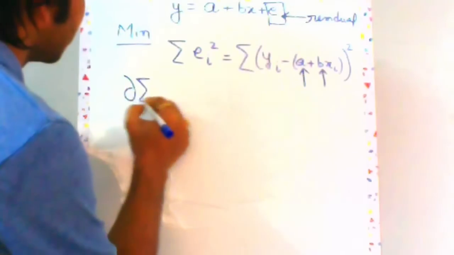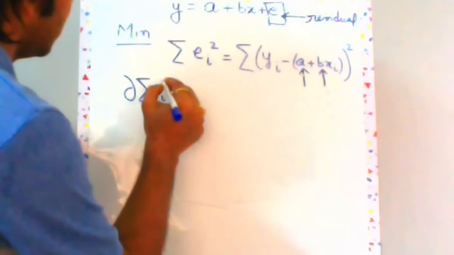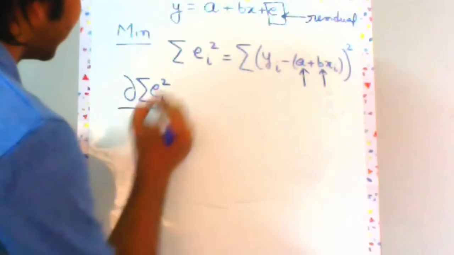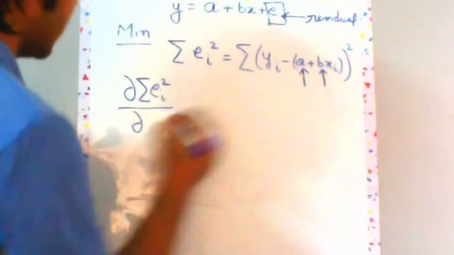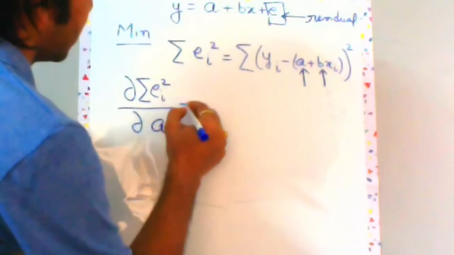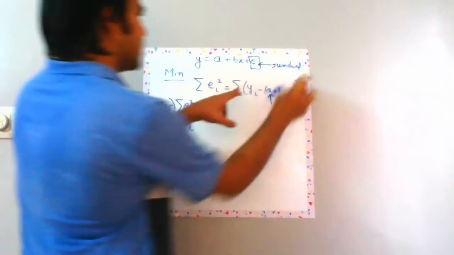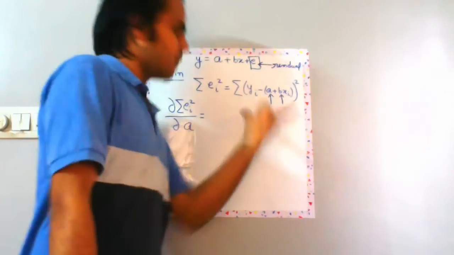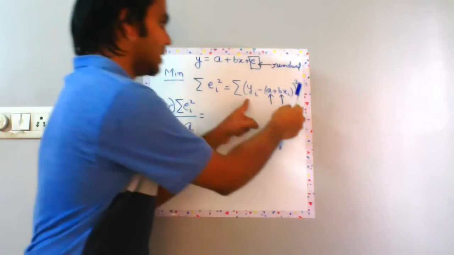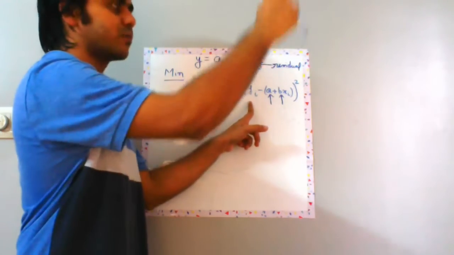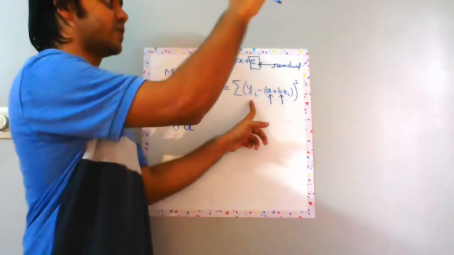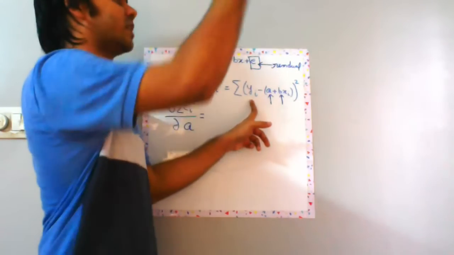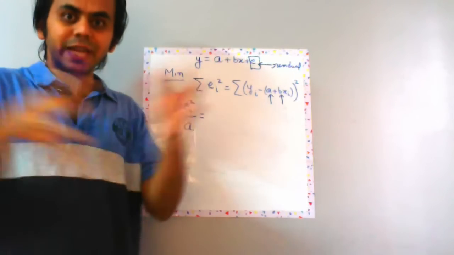Del summation ei square with respect to a will be equal to, this square thing will get out. Now to think about it, you have this thing square for the first point, then this thing square for the second point, then this thing square for the third point, and so on for n points.